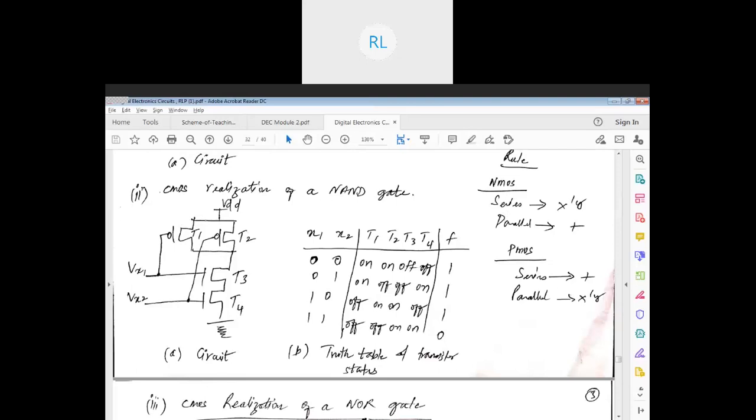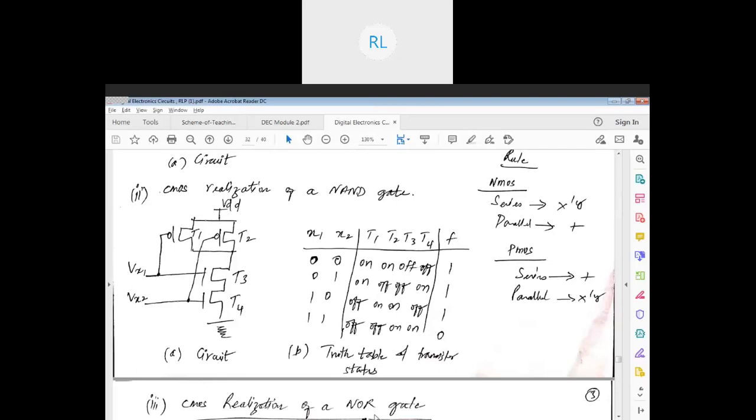Now what I told you, when I put NMOS in series, they multiply. Can someone tell me the equation of a NAND gate? How do we represent NAND gate? If inputs are A and B, how do I represent a NAND gate?